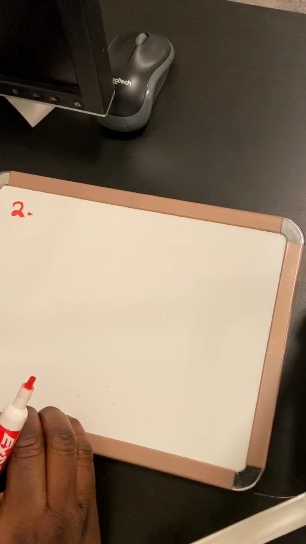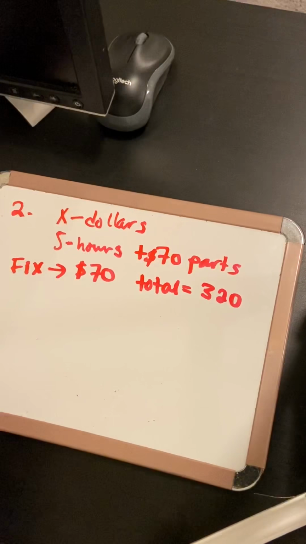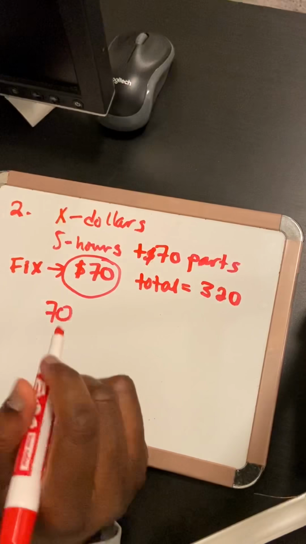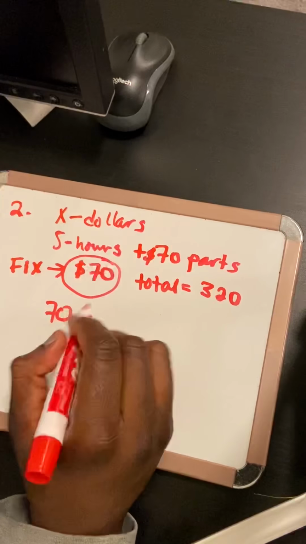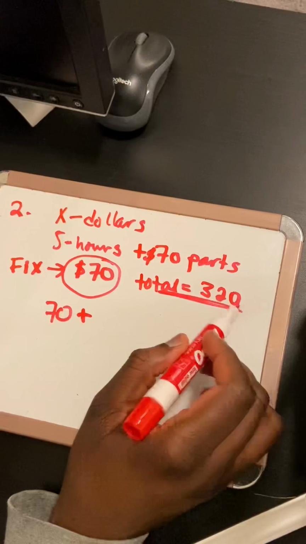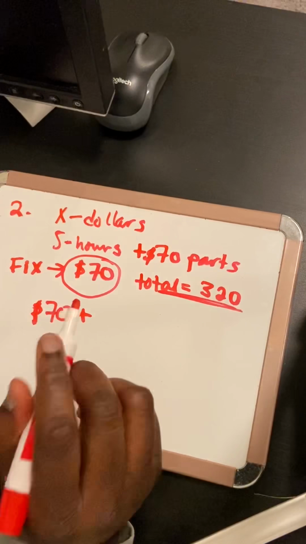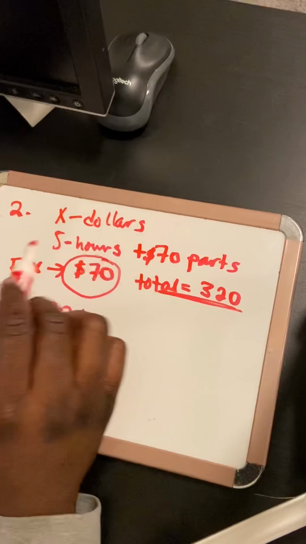We know that the 70 for parts doesn't change, so that is our fixed $70. And another very important piece of information is that the total he paid was $320. So this is the fixed amount plus some amount that's going to equal the total that he paid. He only paid the 70 once, so we're just going to add 70 once and then something else.